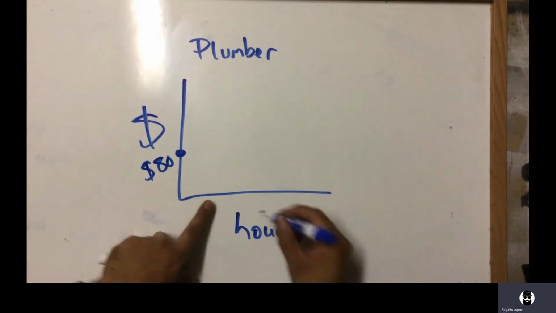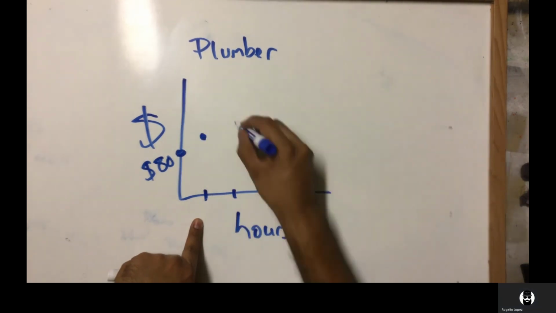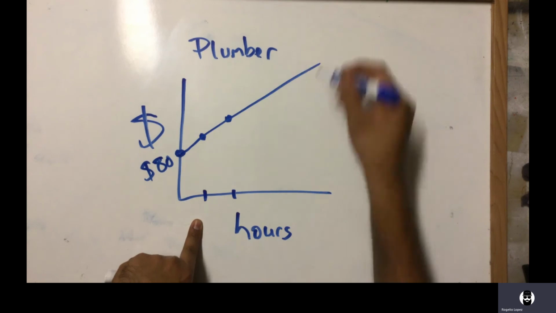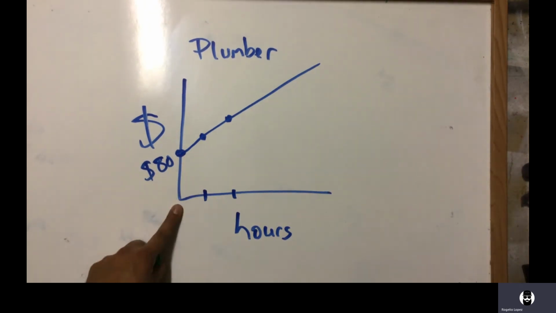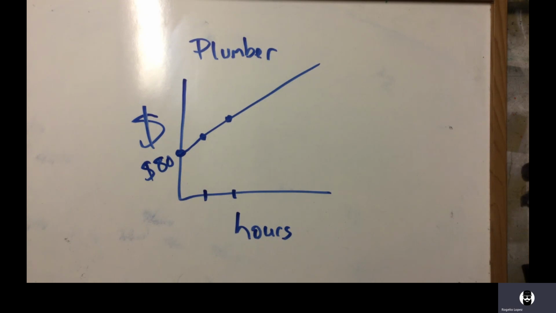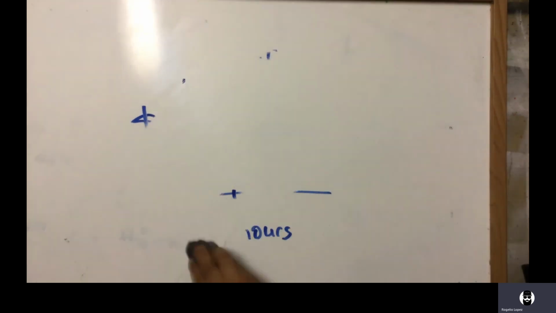And then from there, as he works, he makes more money. So his graph is not proportional because he doesn't start at 0. He starts at $80 just because he showed up to your house. So that's the difference between a proportional situation and a non-proportional situation. We have to read them carefully to see if it's going to start at 0 or not.